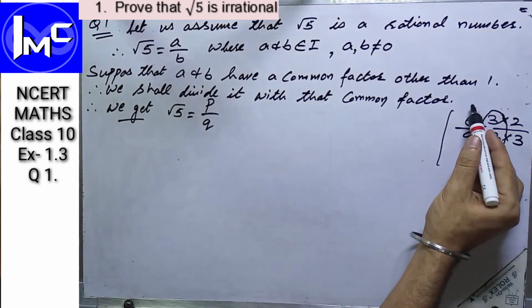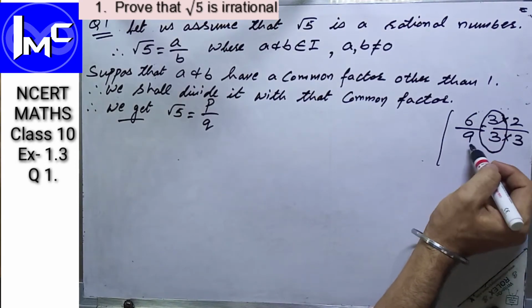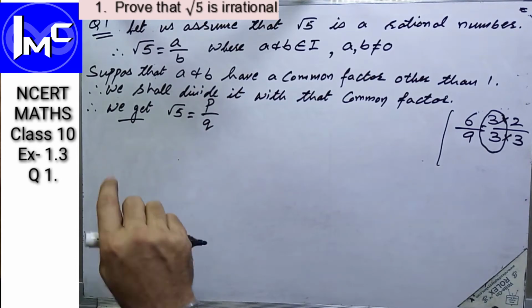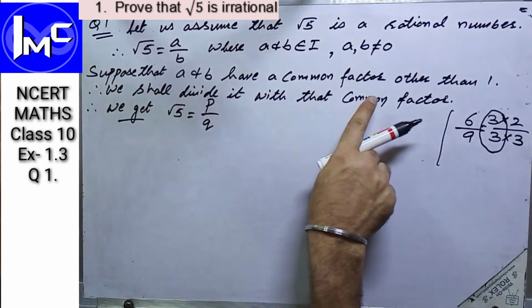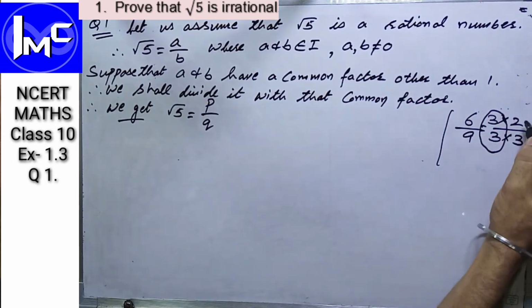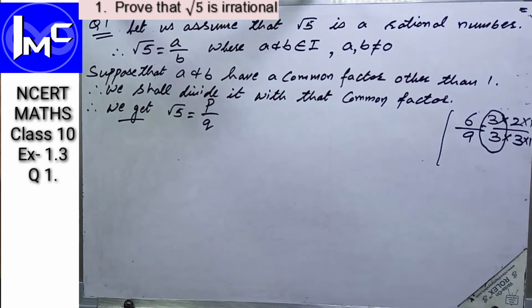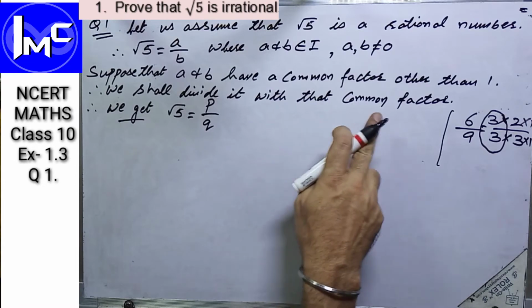And if we assume 6 over 9 as a over b, and I am telling you, suppose that a and b have a common factor other than 1. We know that 1 is a number that is factor of every number, whether they are co-prime or composite numbers. Now we shall divide it with that common factor.